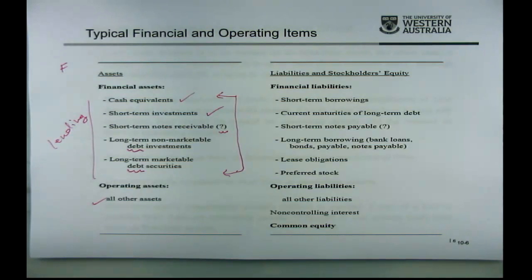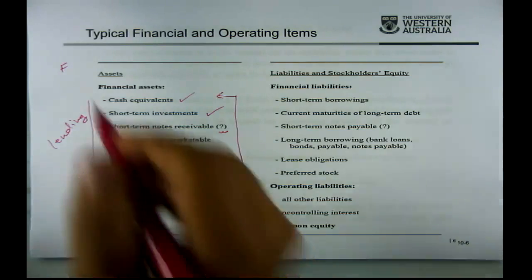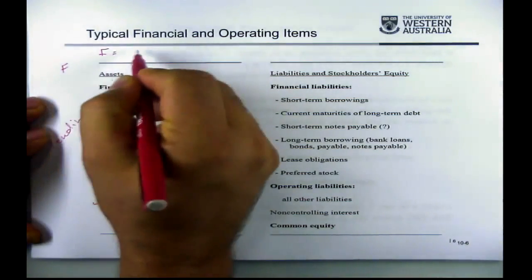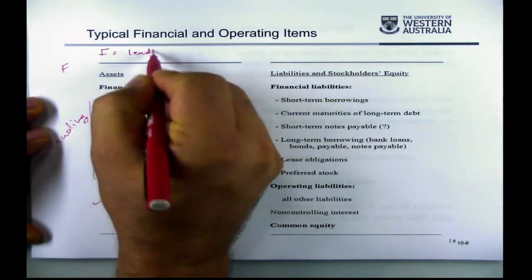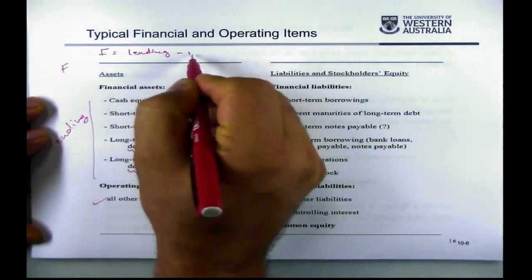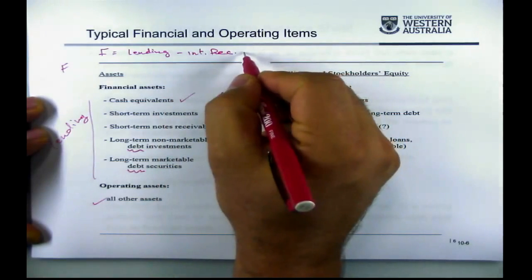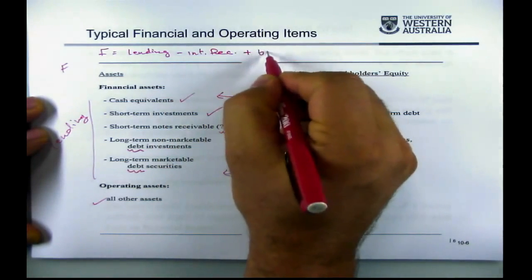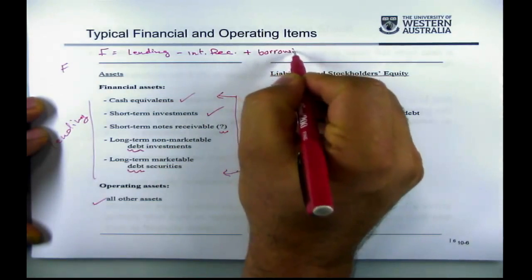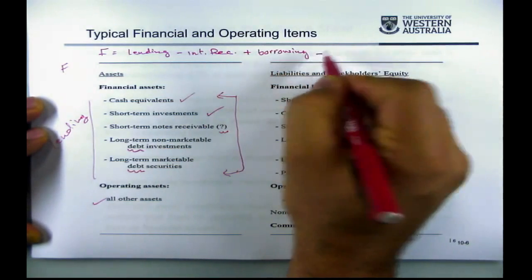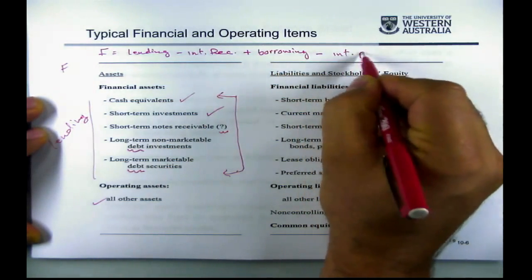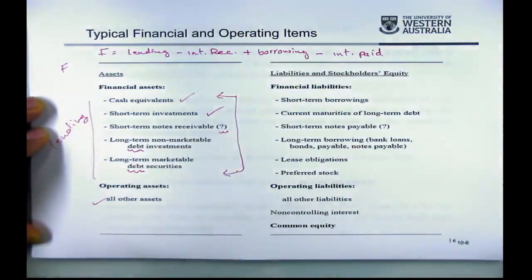They do not know the difference between financial assets, financial liabilities, and the items under F. If you still remember F from last week, we said F is equal to lending minus interest received plus borrowing, which is the net amount raised, minus interest paid. This is F. You still remember F?